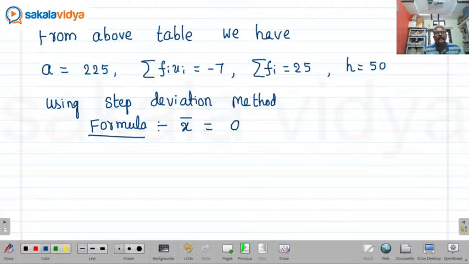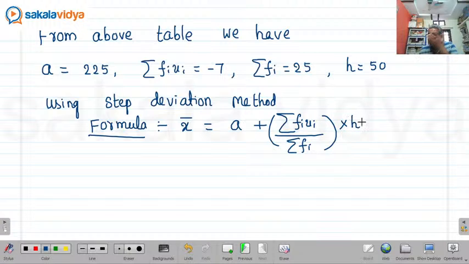X bar is equal to A plus sigma Fi Ui upon sigma Fi multiplied by H. So let us substitute. This equals A, which stands for 225, plus sigma Fi Ui, -7, sigma Fi is 25, multiplied by H. H is 50. It's very simple.